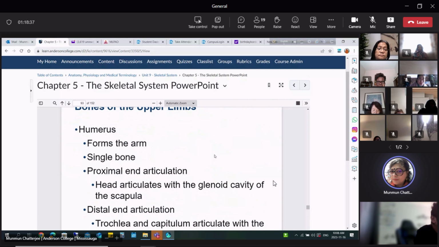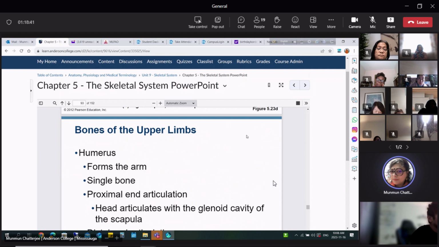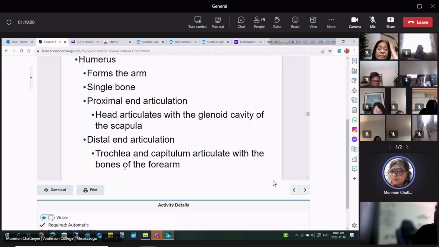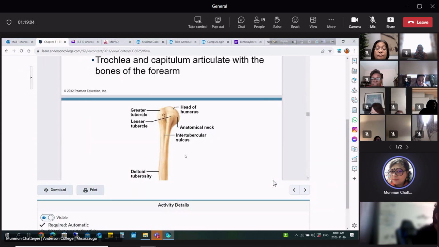Now we are going to go to the upper limb bones. We have the humerus. It forms the arm and is a single bone. At the proximal end, the head articulates with the glenoid cavity of the scapula. The glenoid cavity is the notch where it attaches.